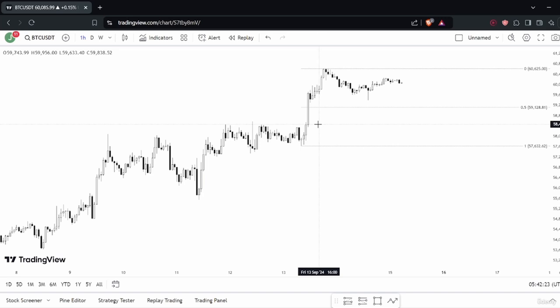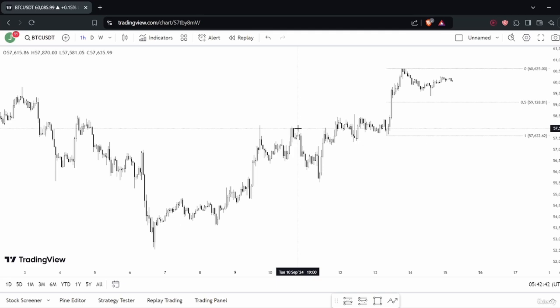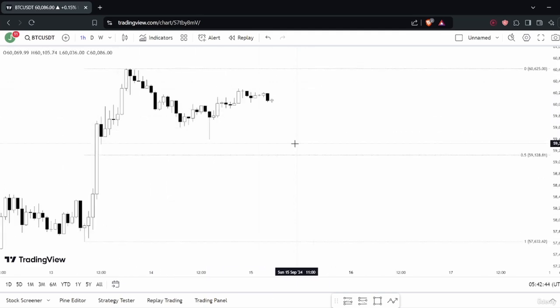When we're looking for trades, if we're on the long side, we're looking for discount. Why? Because we want to buy when price is cheap. Cheap to what? Relative to the previous move. The structure. So we want to buy when price is cheap.